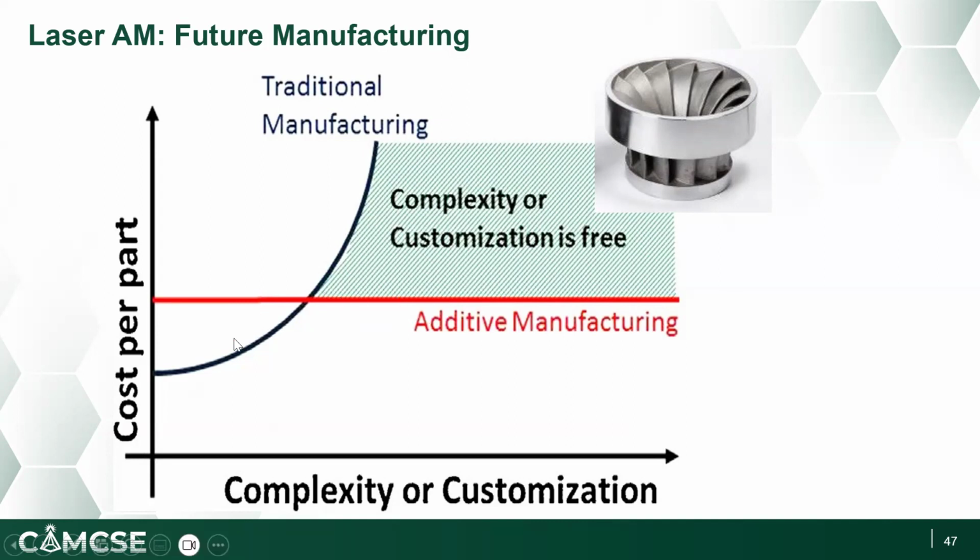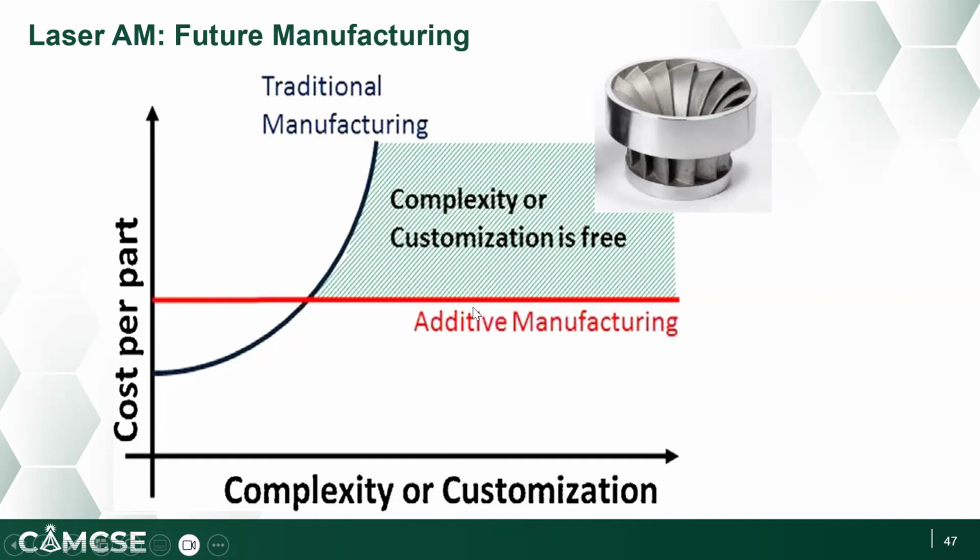So in this case, certainly there will be a crossover of the two curves. In the region where you want to achieve high complexity or high customization, additive manufacturing will stand out compared to traditional manufacturing. This is the region where you want to use additive manufacturing. And luckily, with the advancement of additive manufacturing, the processing cost and the design cost have readily decreased over the years.